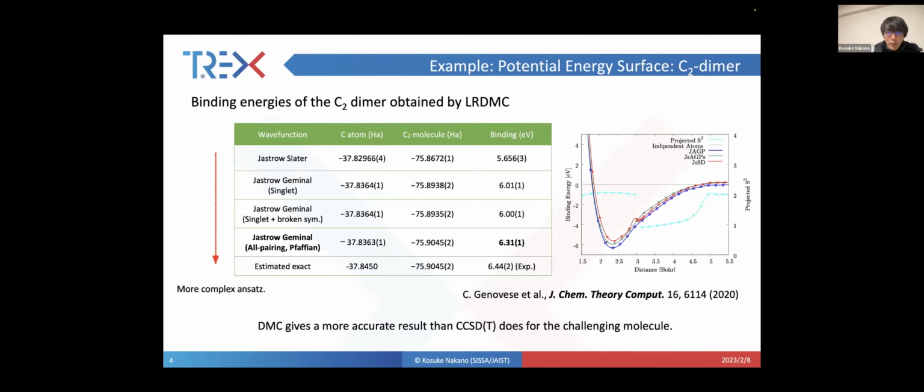However, in TurboRVB, as I told you, we can go beyond the Slater determinant, which allows us to reach a value very close to the experimental one. So by using TurboRVB, we can study strongly correlated materials, molecules and crystals.